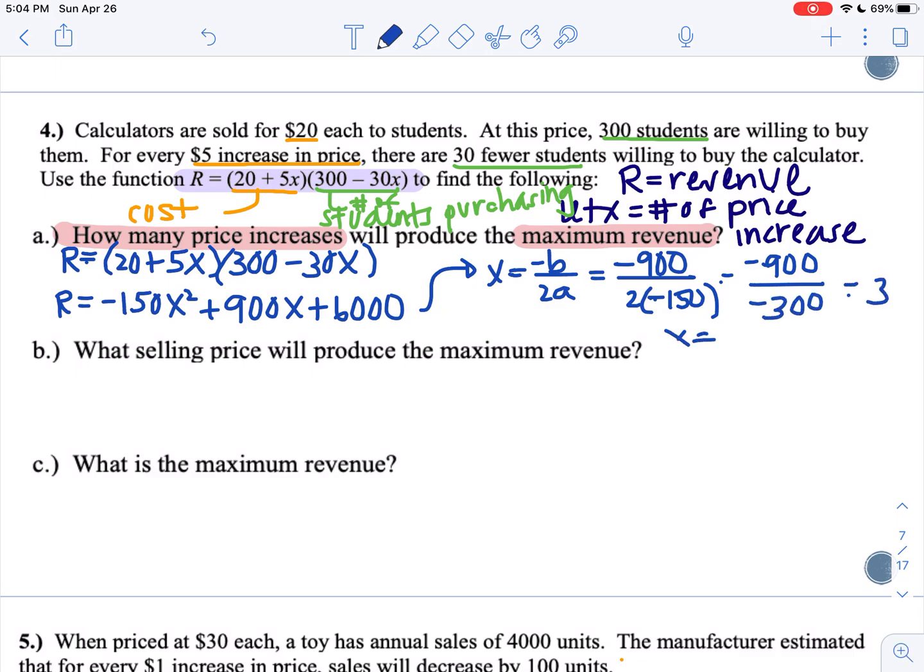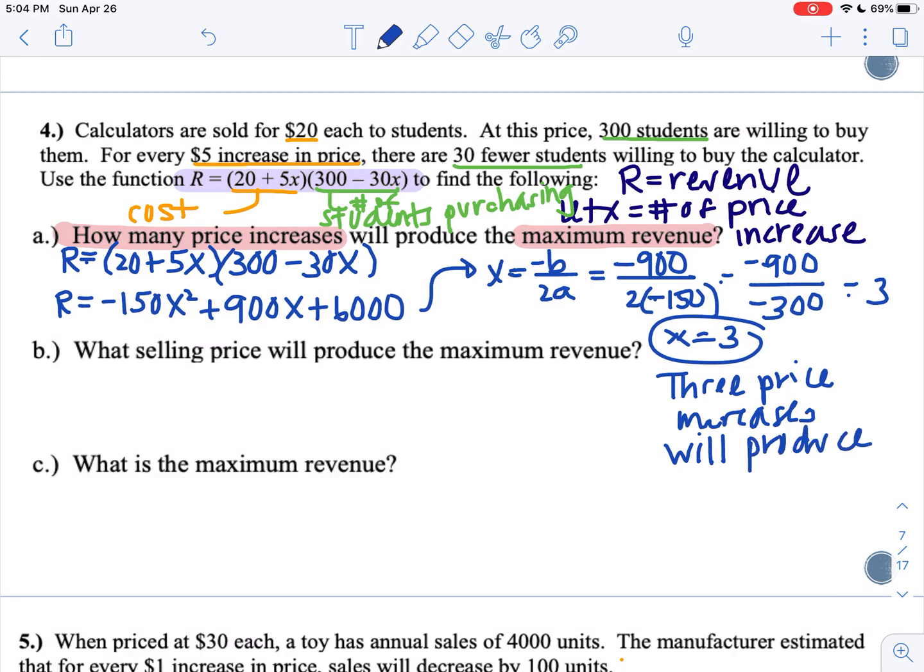So x equals 3. I apologize for the messy handwriting here. So 3 price increases will produce the max revenue. That's the answer for example A. All right, let's move on.